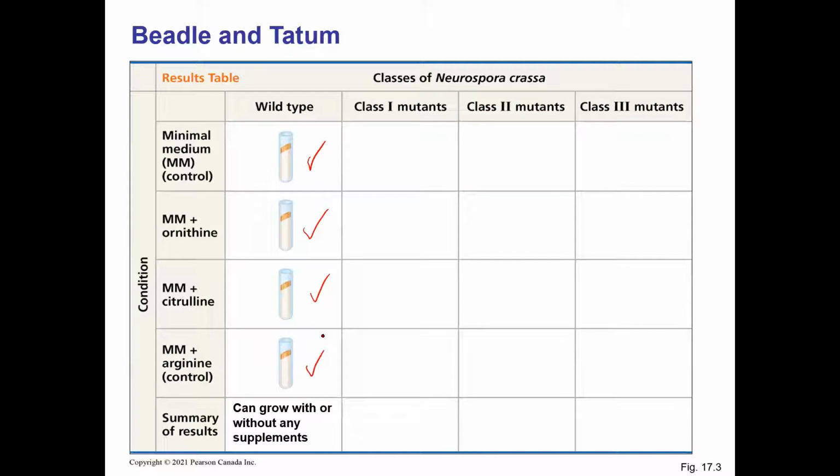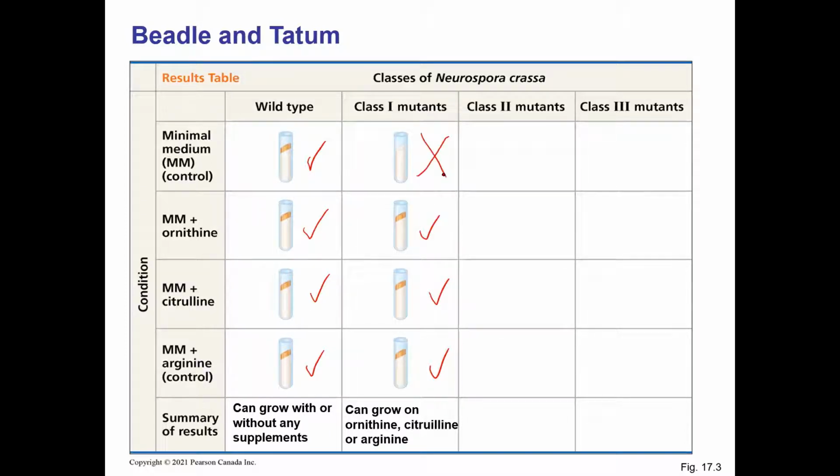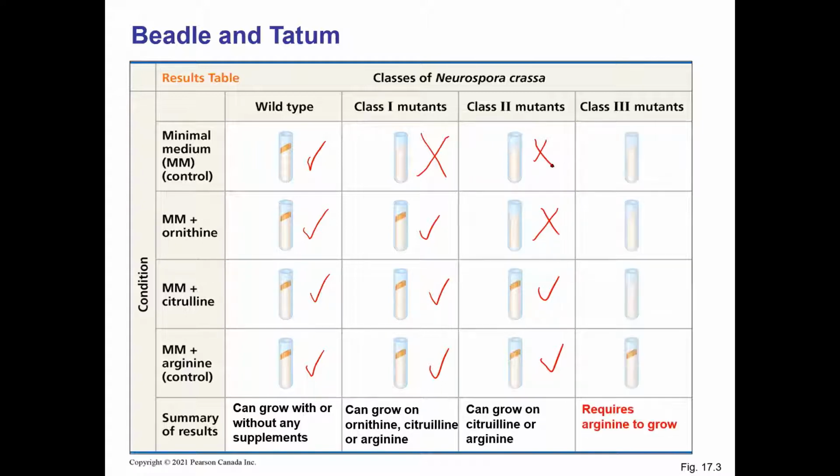So one of the mutants they called a class 1 mutant, and they found it could grow in arginine, citrulline, ornithine, but not in the minimal media. Class 2 mutant could grow in the arginine, citrulline, but not the ornithine and not the minimal media. So that was a little different. And these class 3 mutants required arginine to grow, but could not grow with any of the other intermediates.